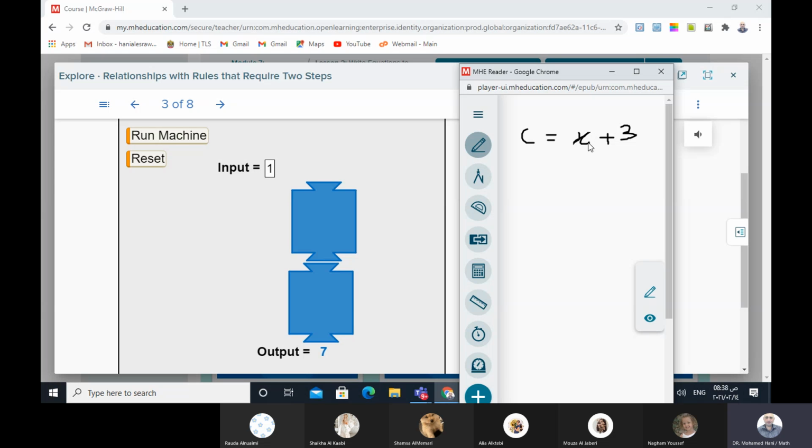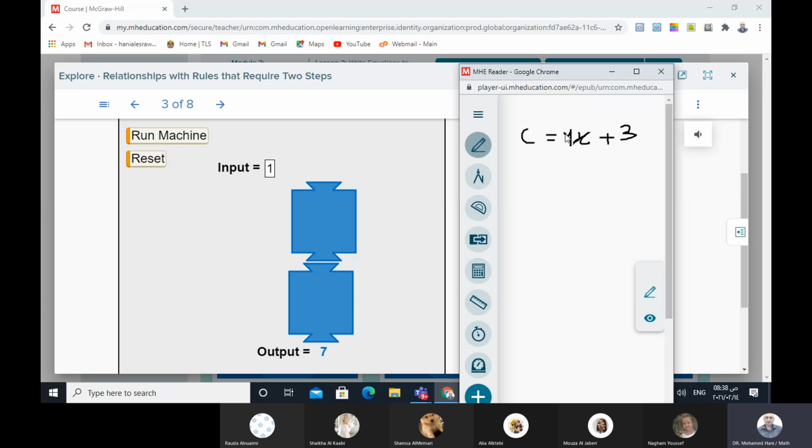Who can tell me what is the number multiplied by the x? If the value of x is 1, which number times 1 plus 3 equals 7? Who can tell me?